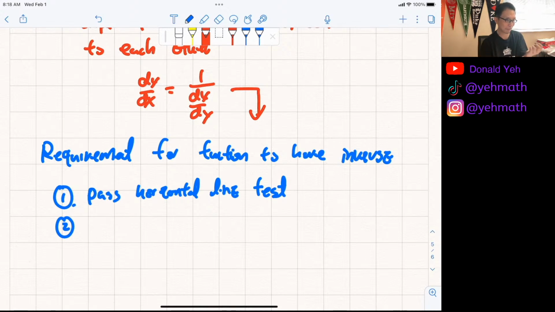Do you know? Is it synonymous to horizontal line test? Synonymous means similar. Yes, you're right.